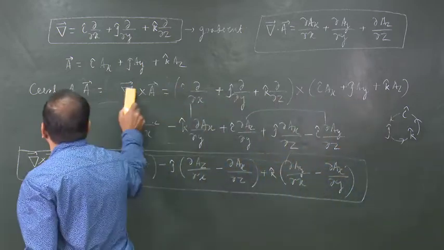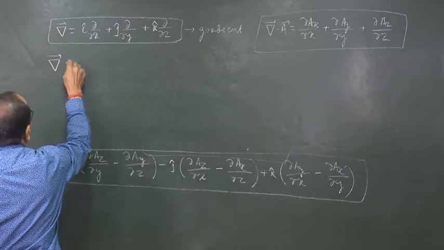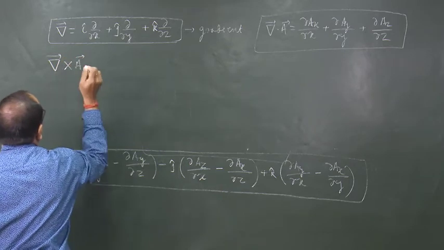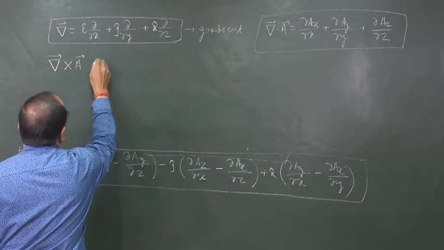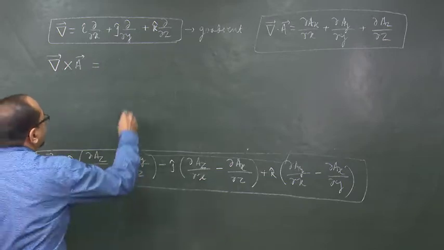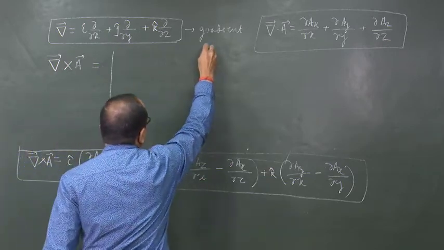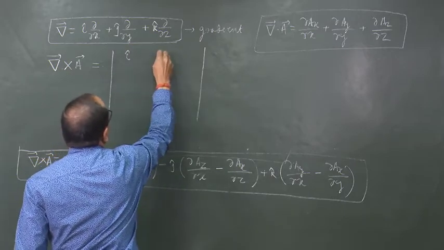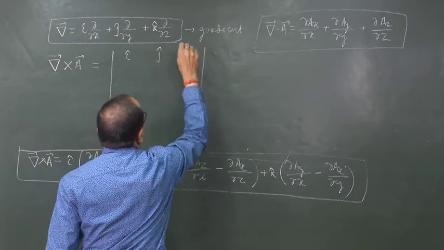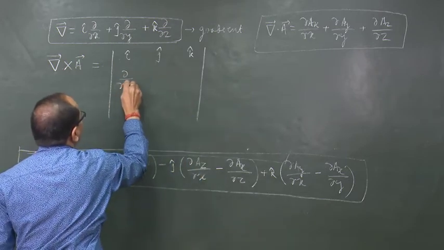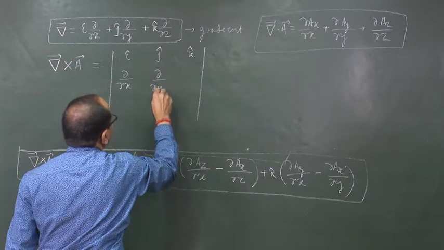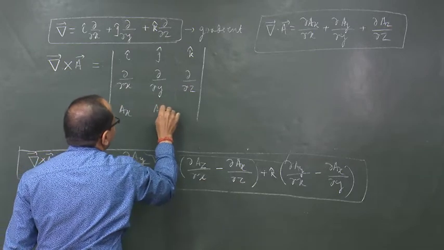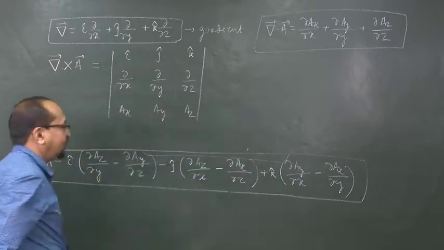So, that is curl of A, a vector, which has this determinant value: i cap, j cap, k cap, del by del x, del by del y, del by del z, a x, a y, a z.